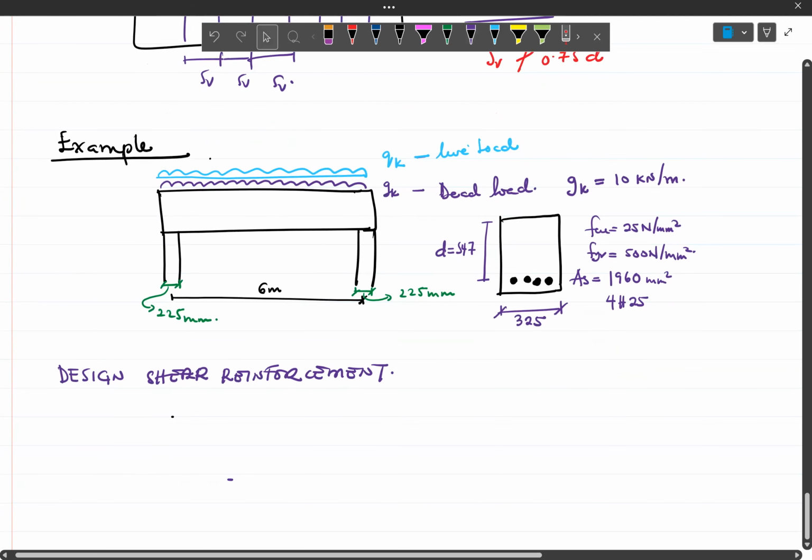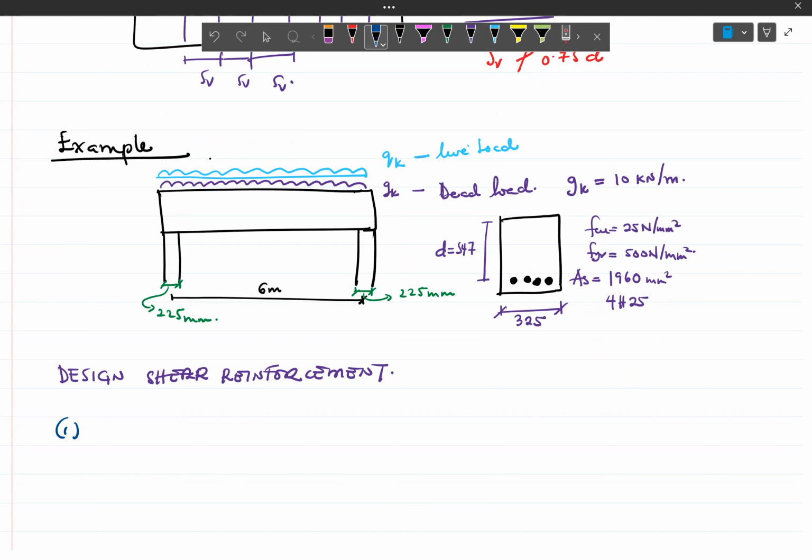All right, so let's look at how we do it. Let's start with example one. Here we'll vary the QK. We'll just vary the live load, just to see how things are going to work.